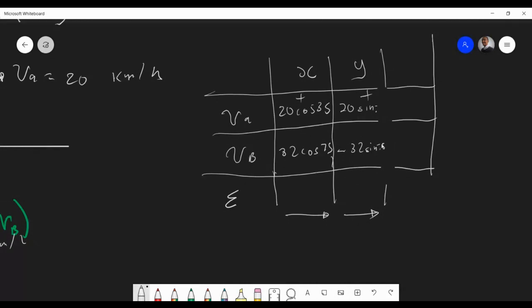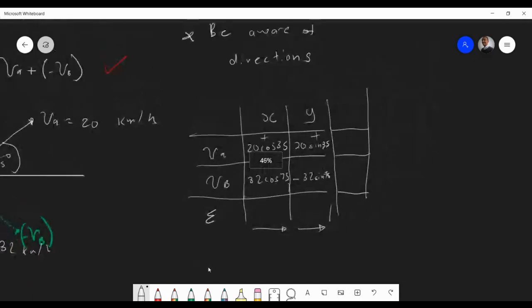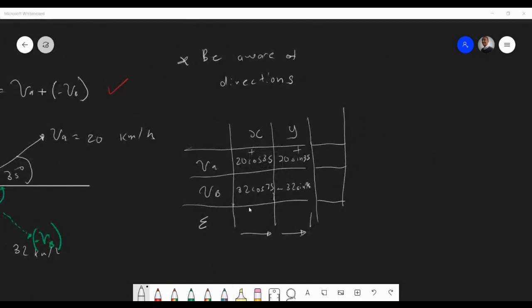Are we all clear on how I found the components? Students, are we all clear on that? Straightforward. You're on your way. Thank you, Tashriq. So what I want you to do is find the resultant velocity.